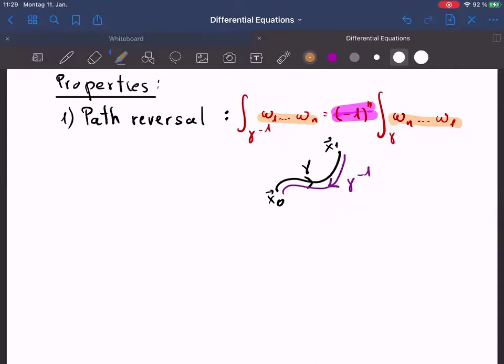If I go in the other direction, I have to order everything in the opposite direction. So you can always go back. You can go along gamma from x0 to x1, or you can go backwards along a path which I call gamma^-1, which is traveling gamma in the opposite direction. So that is one natural property of these integrals.